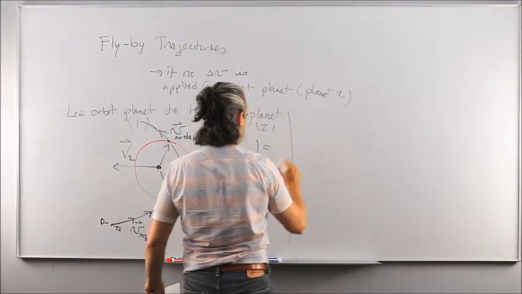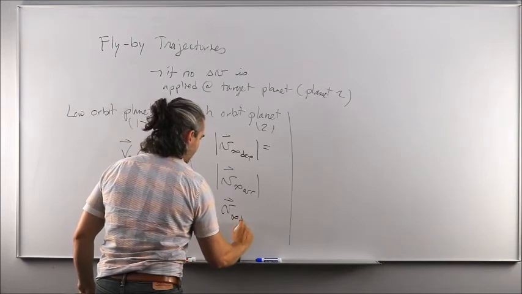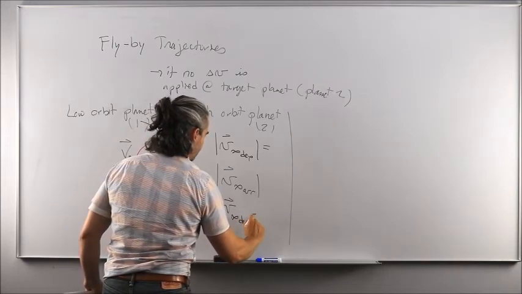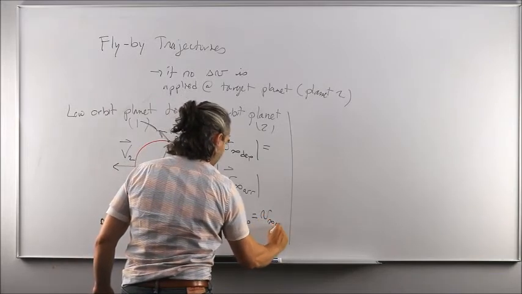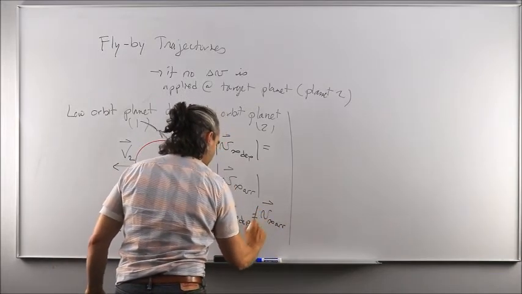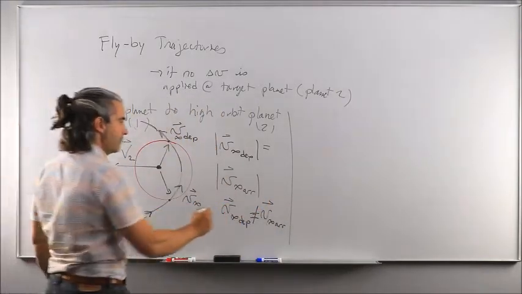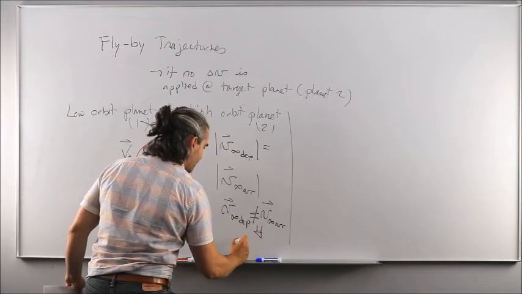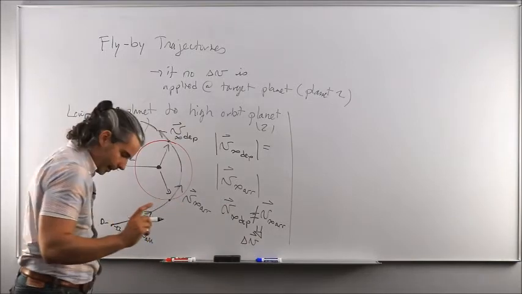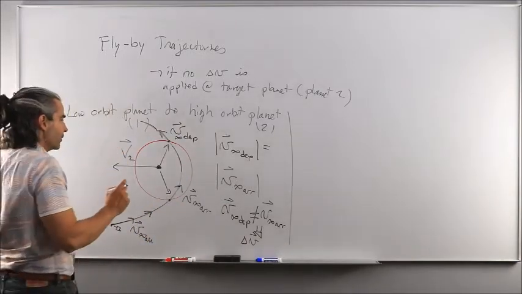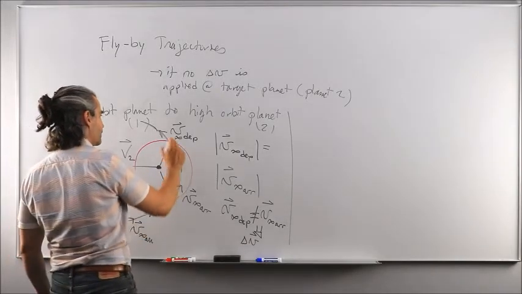So I'm going to say that because the vector at departure and the vector at arrival are not exactly equal to each other, because although their norm or their magnitude are equal, their direction is not, it means that there must have been a delta V vector involved somewhere, okay? And that delta V is actually coming from the planet itself. So the planet would accelerate the spacecraft.